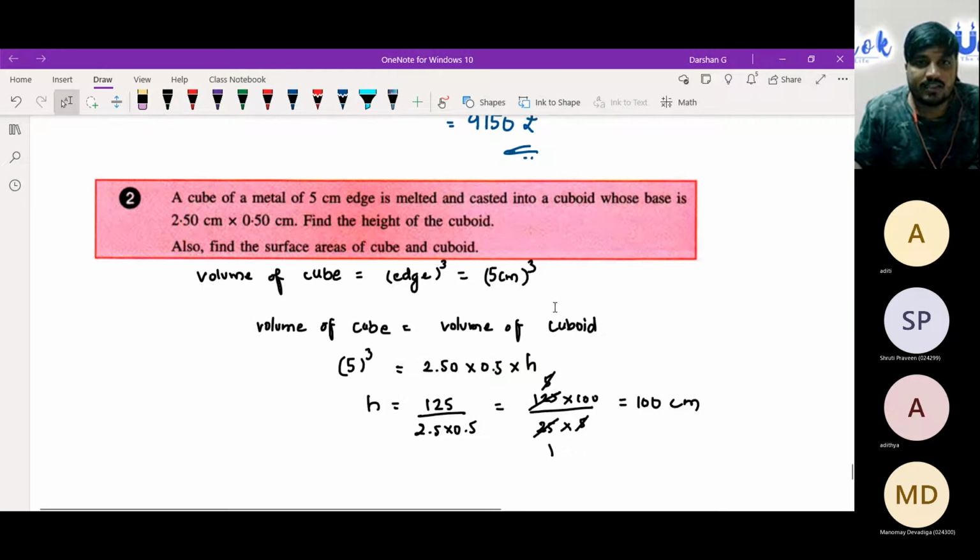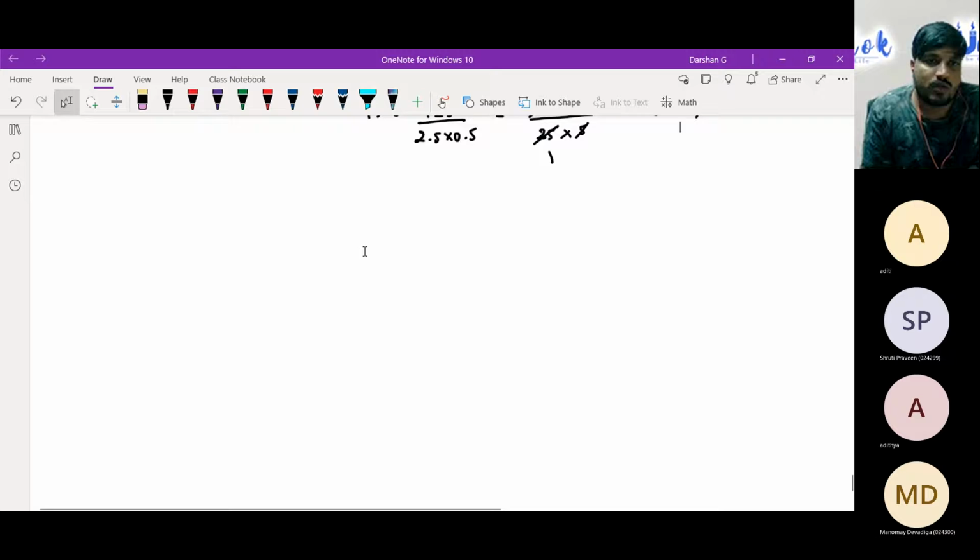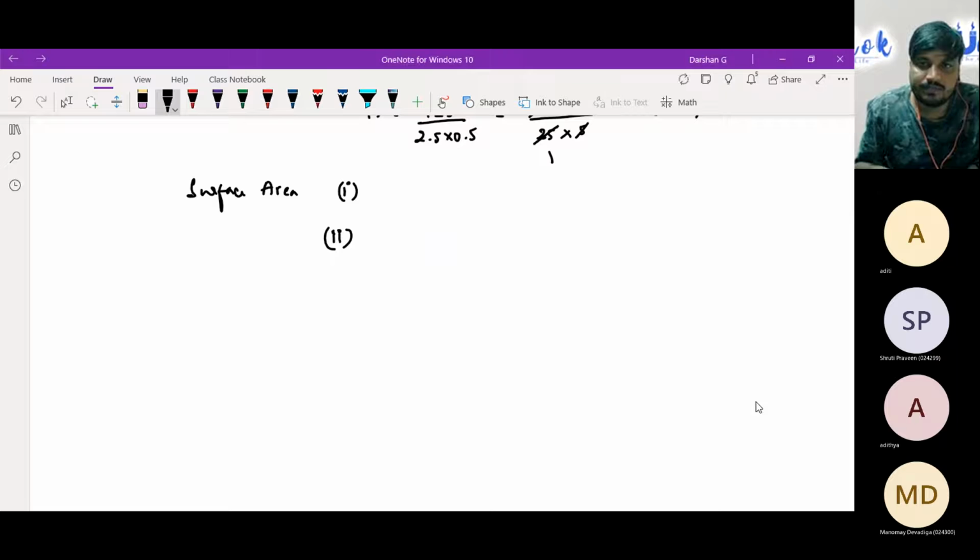Now they're asking us the surface area of cube. So I have to find the surface area. Surface area of cube. What's the formula? Manomai, what's the formula? Okay, looks like he doesn't know. What about Aditi?